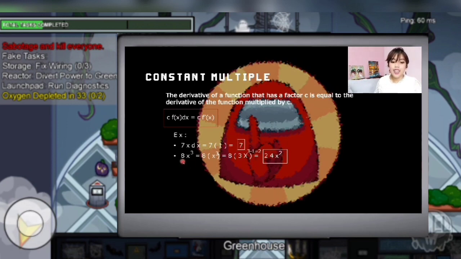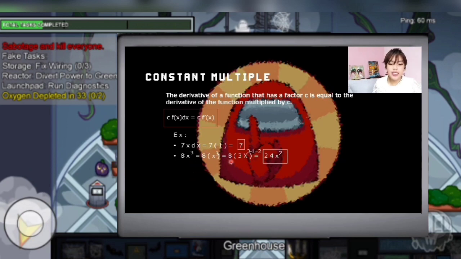That's our final answer. Now our second example is 8x raised to 3, or 8x cubed. So first, we are going to get the derivative of x cubed by using the power rule. So 3 multiplied to the variable x, which is 1, and after multiplying it, subtract 1 from 3, which is 2.